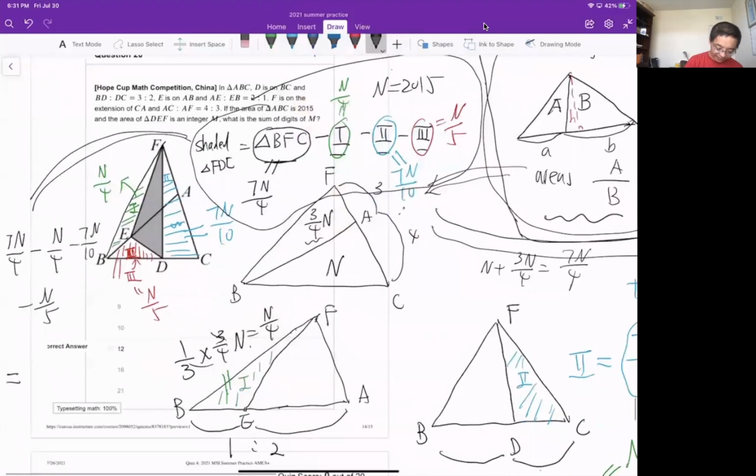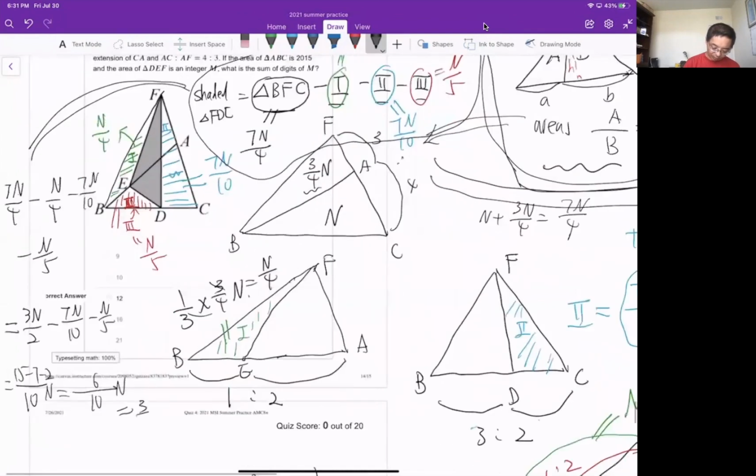Okay, so we end up with 7N minus N, so 6N over 4, that's 3N over 2, minus 7N over 10 and minus N over 5. And this ends up with 10 as the denominator, right? It's 15 minus 7 and minus 2, so we get 6 over 10 times N, which simplifies to 3/5 times N.